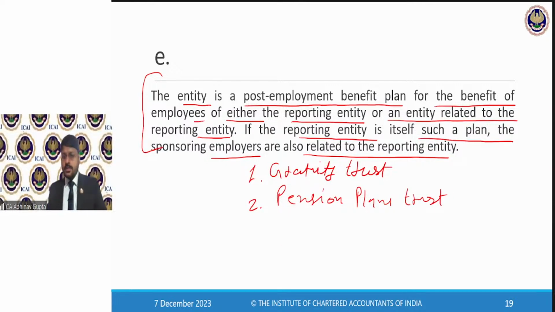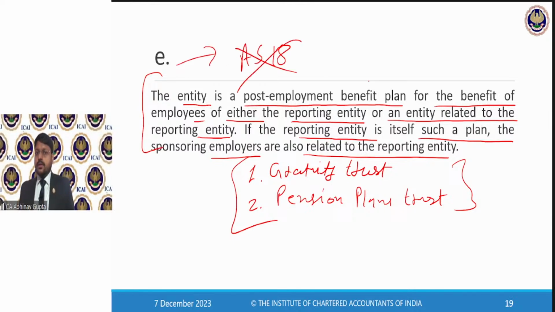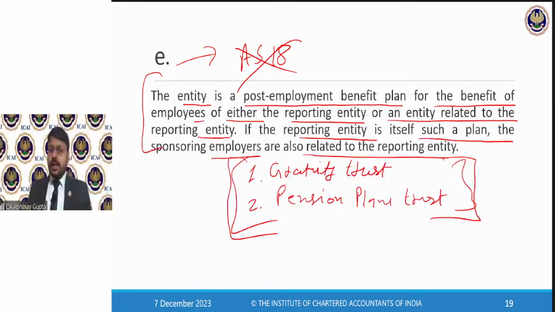Okay, so sometimes you must have seen that a lot of companies have their in-house gratuity trust as well as the pension plans or trust separately set up. So all these are considered as related parties under Ind AS. It was not covered under AS 18. So they were not treated as related parties under Indian GAAP, but now under Ind AS they are specifically covered. So all the transactions with these gratuity and pension trusts during the year will be covered.